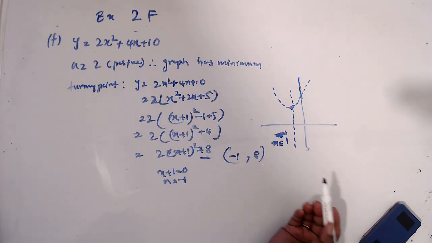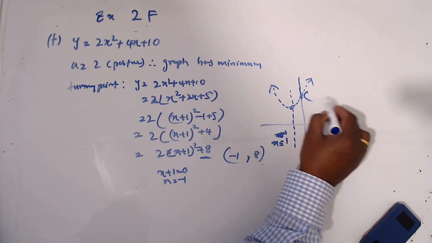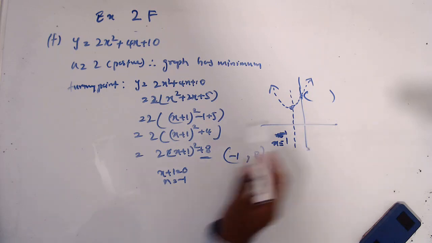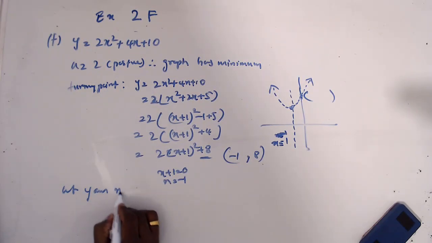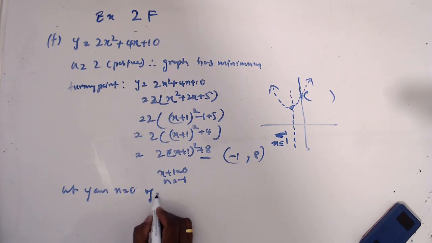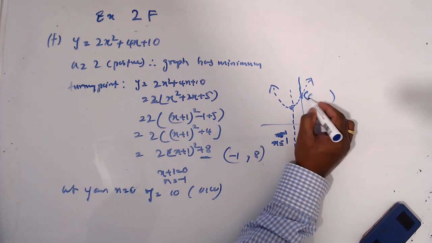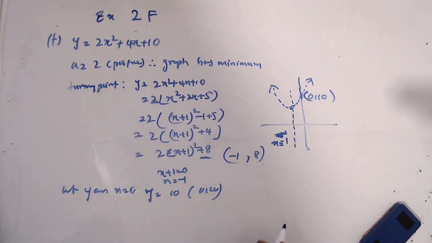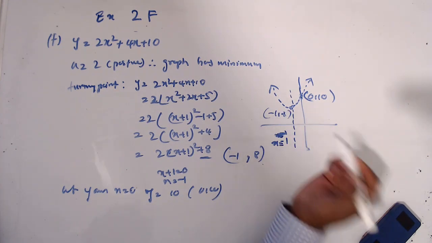It means there are no roots for this one. So what is this value? At the y-axis, x equals 0, then y equals 10. So 0, 10. The minimum point is at minus 1, 8.